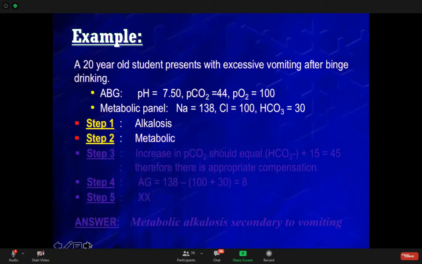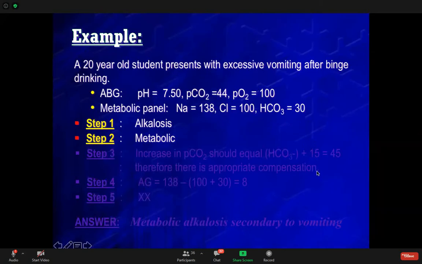So the next thing is we're going to do the compensation, and we see our expected partial pressure of carbon dioxide. It's your calculated bicarb plus 15, so it's 30 plus 15, which is 45. So it's almost the same number here.